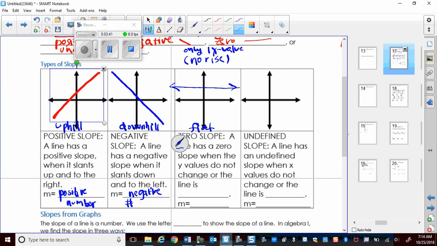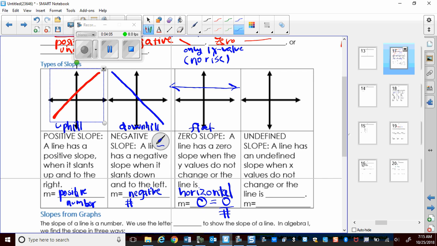So a line has a zero slope when the y values do not change, or the line is horizontal. It only equals one number. The slope equals 0. Or in this case, 0 over some number.